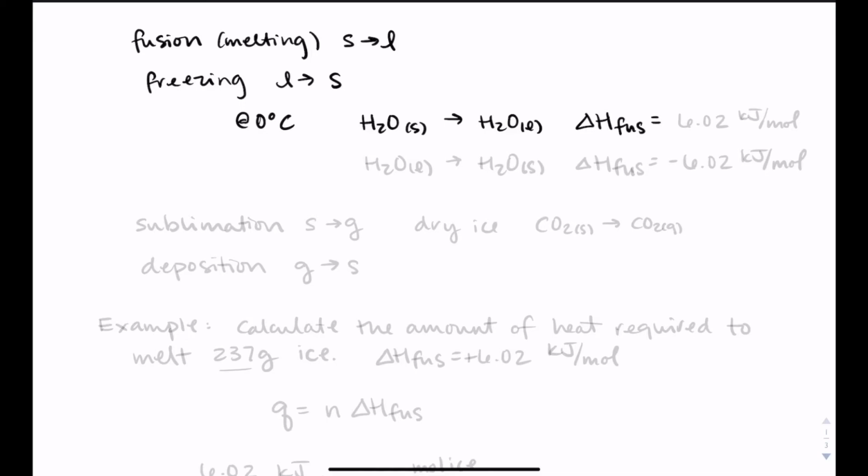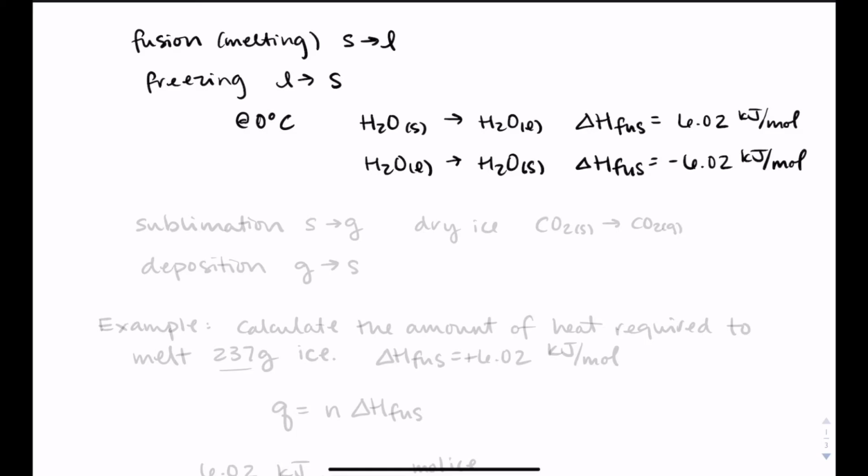For water at 0 degrees, to go from a solid to a liquid, the enthalpy of fusion is 6.02 kilojoules per mole. So to go from a liquid to a solid, so to freeze, water has to give off negative 6.02 kilojoules per mole.